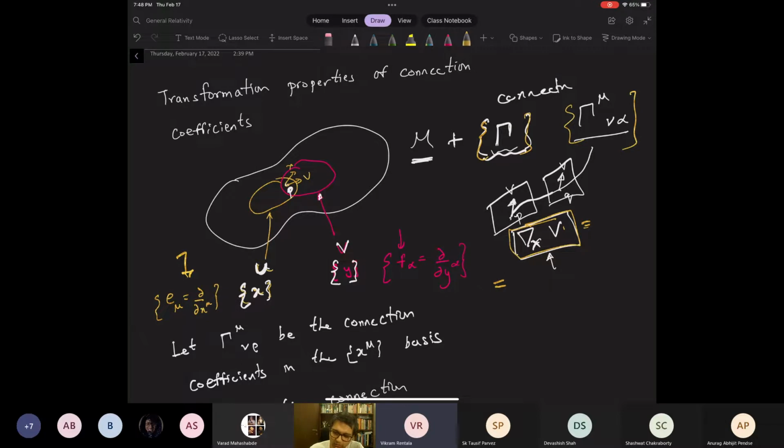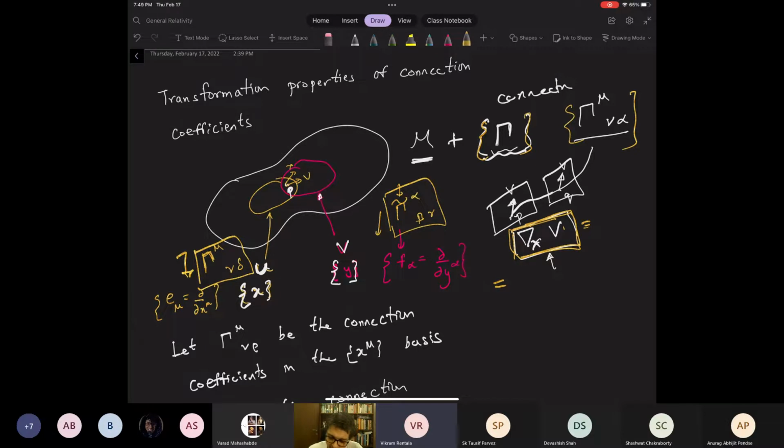What we would like to ensure is that if we specify the connection coefficients in this coordinate system using some gammas, with indices mu, nu, delta, and we specify the connection coefficients in some other basis, some gamma twiddles, then these two connection coefficients in these two different bases should be related in such a way that my derivative doesn't depend on which basis I'm using.